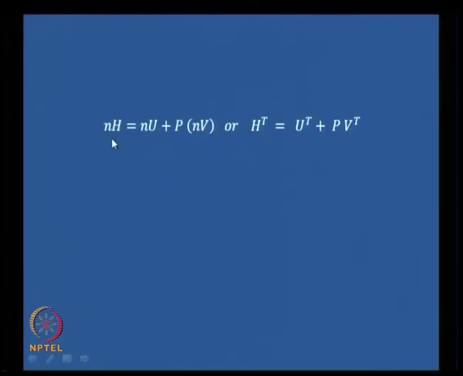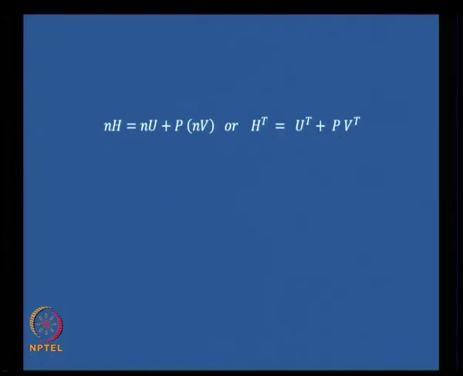Therefore, we can write nH, total enthalpy, equals nU plus PnV. Remember, H equals U plus PV, and this is for n moles of a pure component. Since we are using HT to represent nH, UT to represent nU, and P times VT, note that P is an intrinsic quantity.